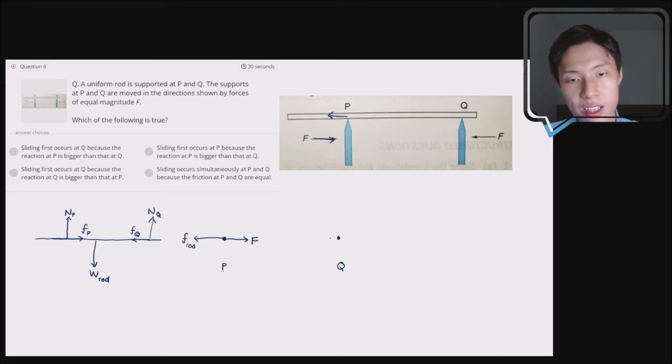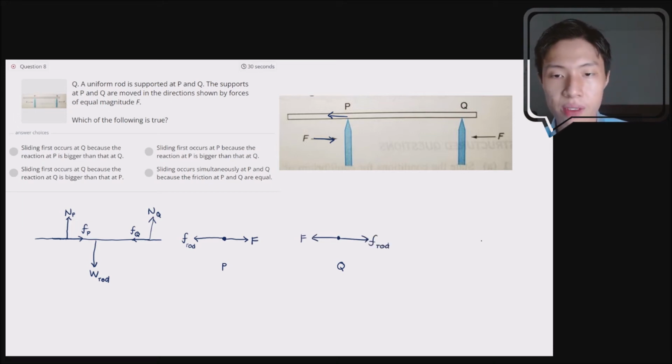This one will be a force, and this one will be the frictional force exerted by the rod. Okay, we assume that nothing has slid over here, so the external force here is equal to the static friction of the rod. We assume that it hasn't slid.